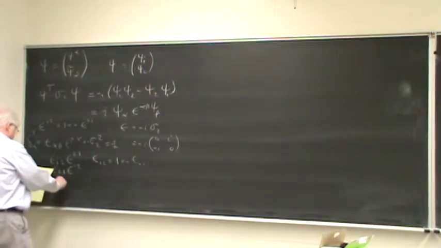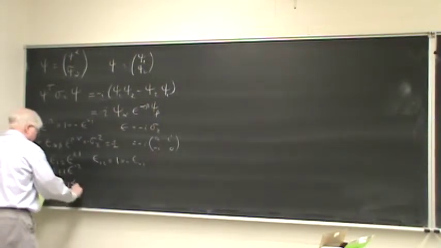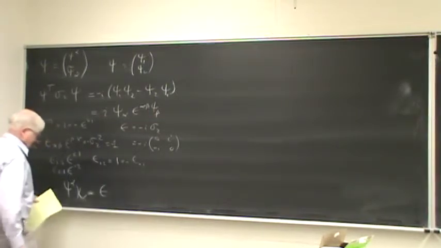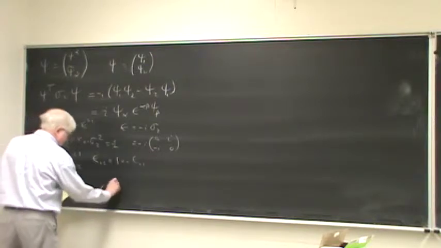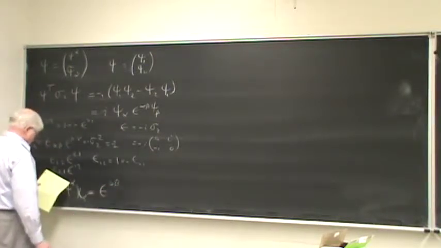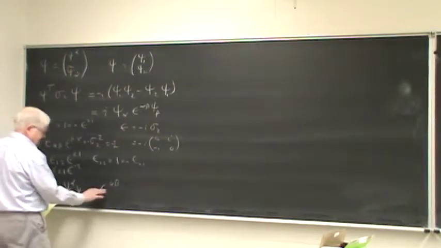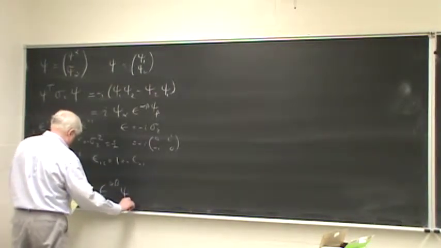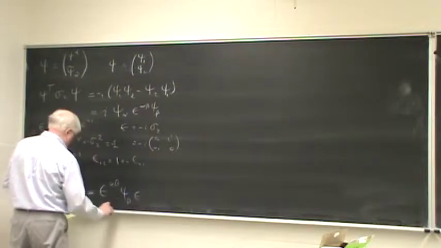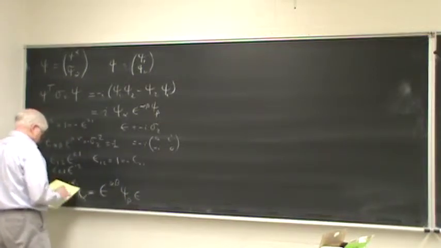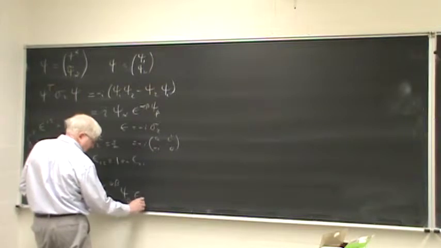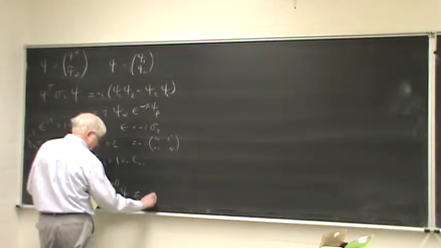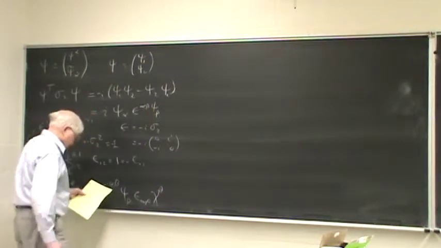Okay, now, some notation. Again, I don't think this is terribly important, but just to go through it, we can write psi upper alpha as epsilon alpha beta psi beta, and then chi lower alpha can be written as epsilon alpha beta chi beta.